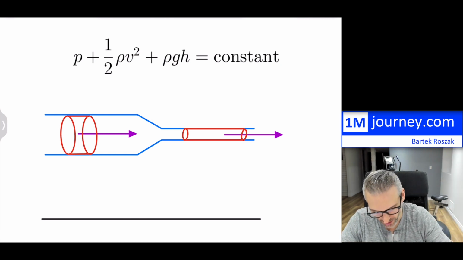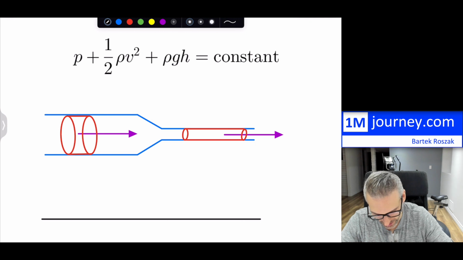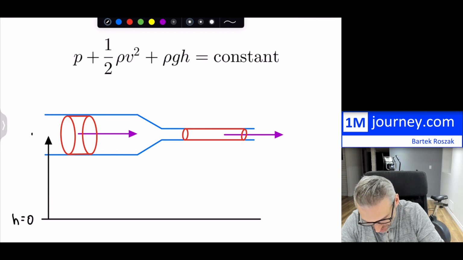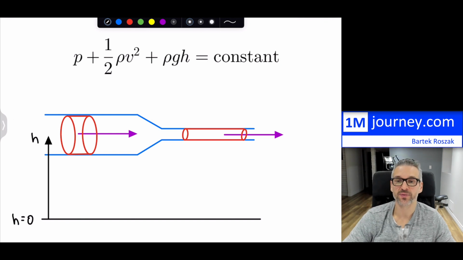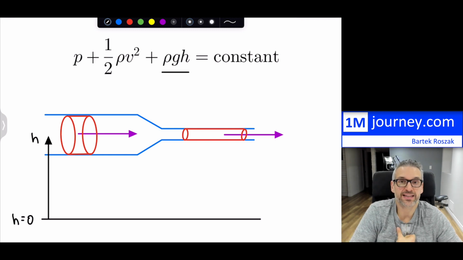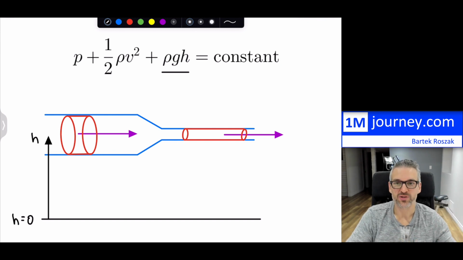If the fluid is flowing over here, I can take this with respect to some reference, maybe height h equal to 0, and with respect to that reference I can calculate exactly what this term is. We set h with respect to whatever reference point we want, so this is really arbitrary and up to us.